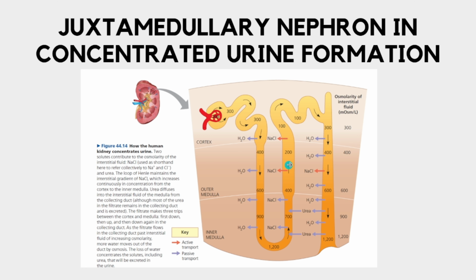So your active transport of NaCl from the filtrate at the upper part of the loop of Henle maintains a high salt concentration in the interior of the kidney and enables the kidney to form concentrated urine.